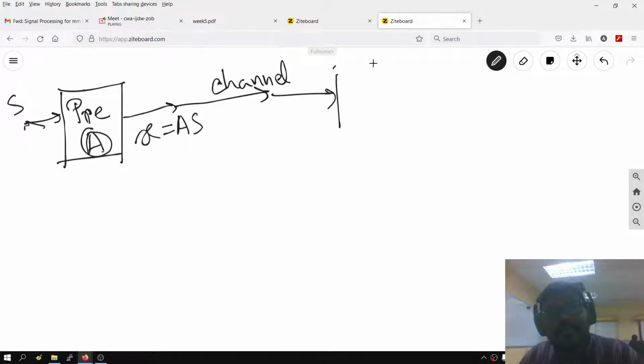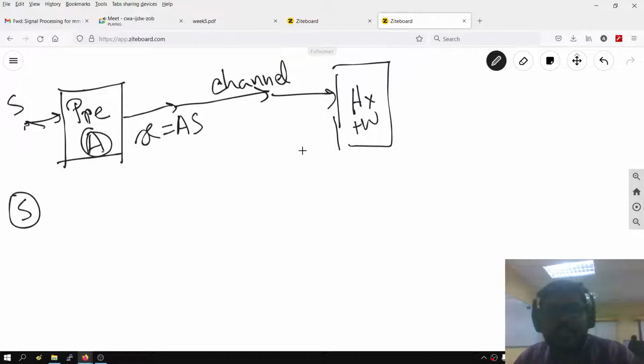In the receiver, what we receive is y is equal to Hx plus w, while the transmitted signal is S.